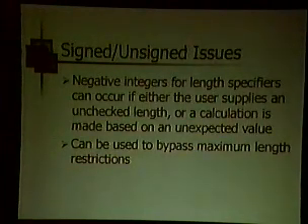Negative integers can be entered into a program incorrectly in one of two ways. The first is that the protocol in question uses a length specifier controlled directly by the user, which fails to check if the value supplied is less than 0. The second is that a calculation is made based on some user input, which can be affected in such a way as to make the result less than 0.